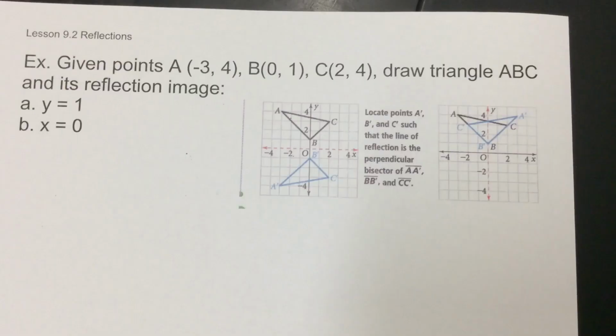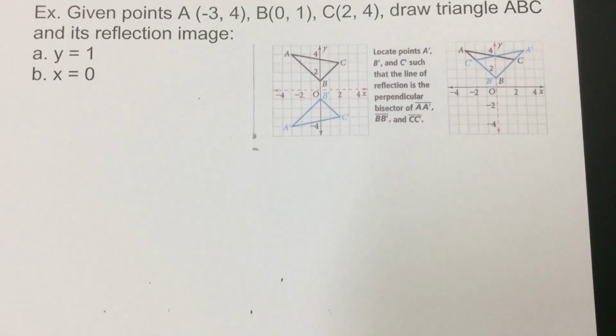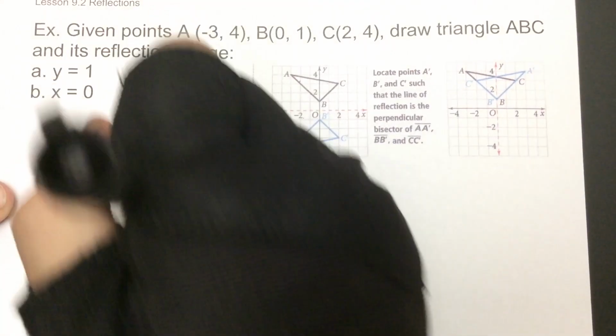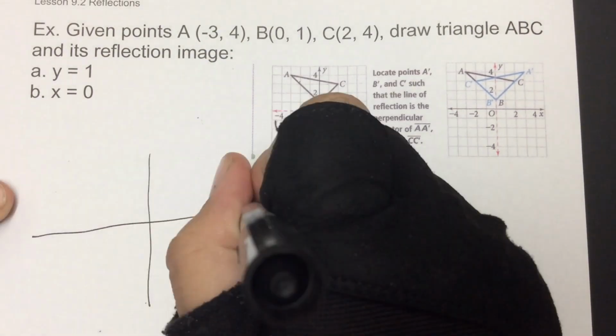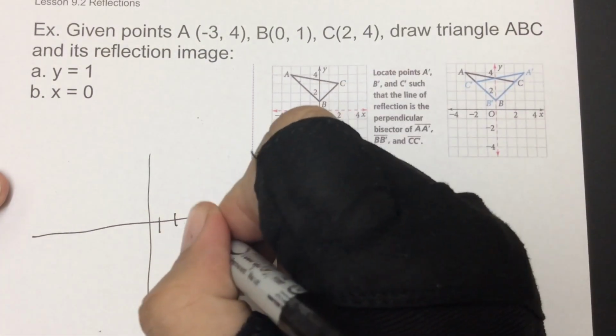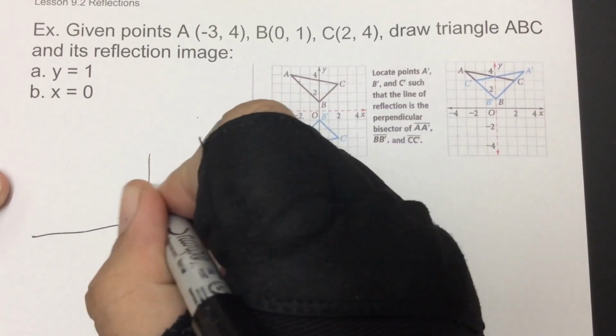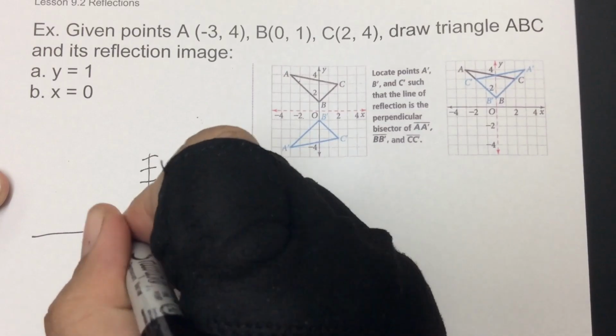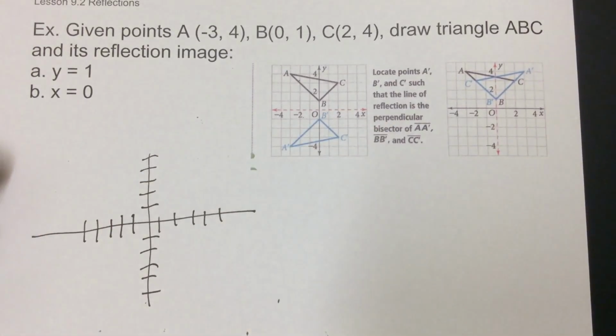Now on this next one, I probably should have had a little piece of graph paper or something, but we're going to make the most of it. If we map this out, I'm just going 1, 2, 3, 4, 5, 1, 2, 3, 4, 5. Okay.